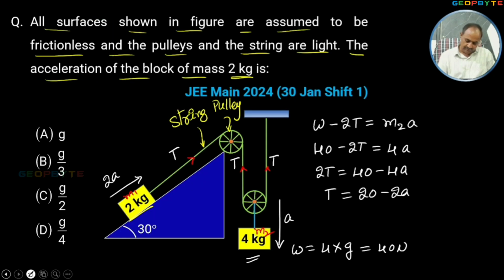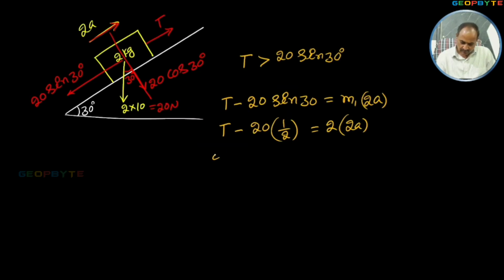But what is the T value? T value is 20 minus 2a. So 20 minus 2a minus 10 is equal to 2 times 2a.